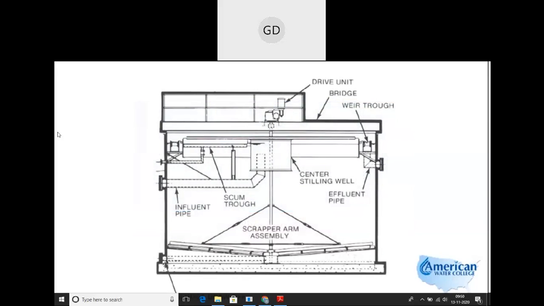Here we have pictured a round or circular clarifier. The water comes in as influent into the center stilling well. This is the influent zone. The water then leaves the stilling well and moves outward through the settling zone.